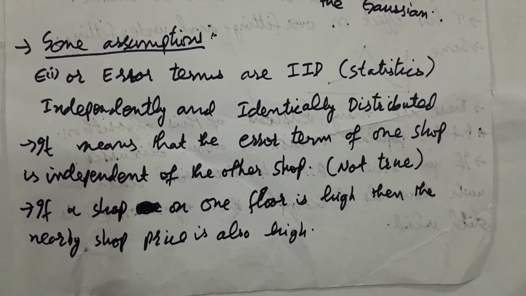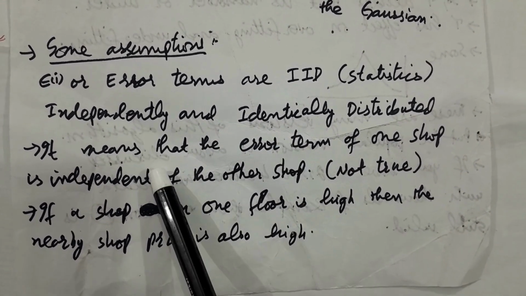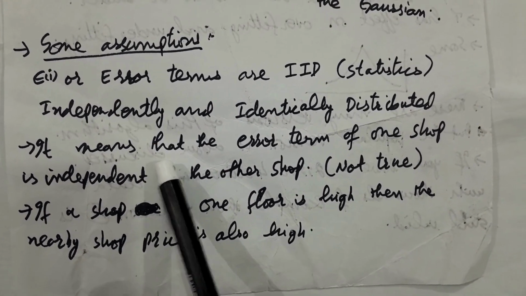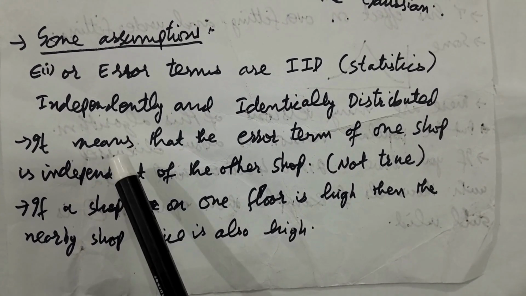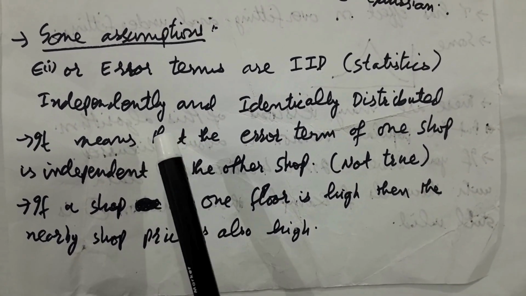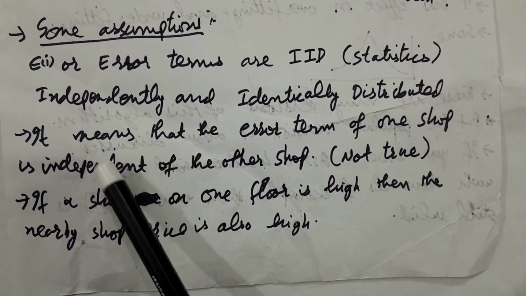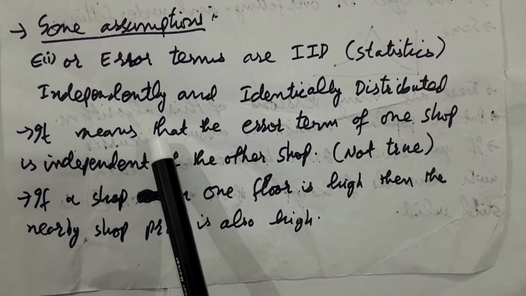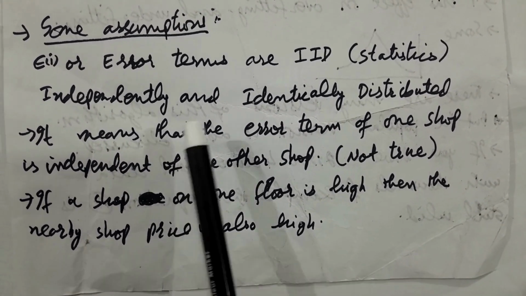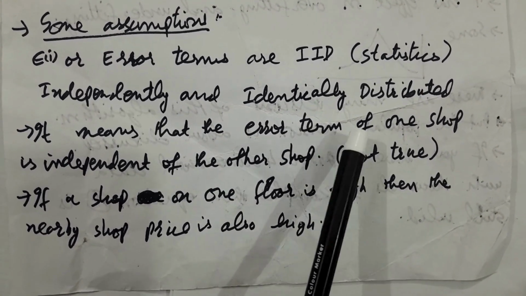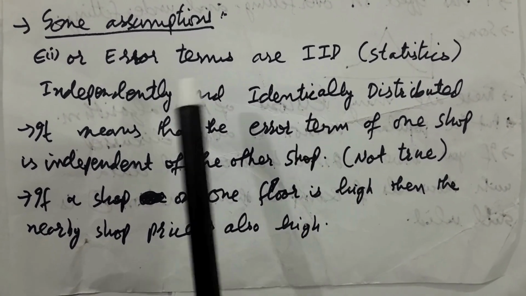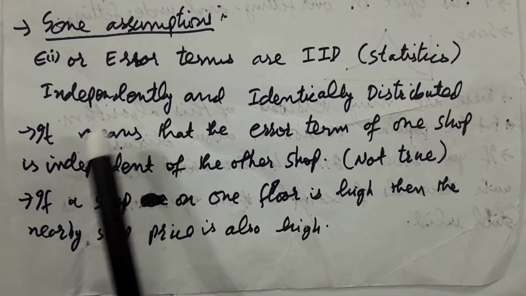You know that if one shop price is increasing, the nearby shop price is also increasing. If a plot or property price is increasing, nearby prices are also increasing. If the price of one property decreases, the nearby property also decreases. So that assumption is actually not true, but for the calculation we assume it.